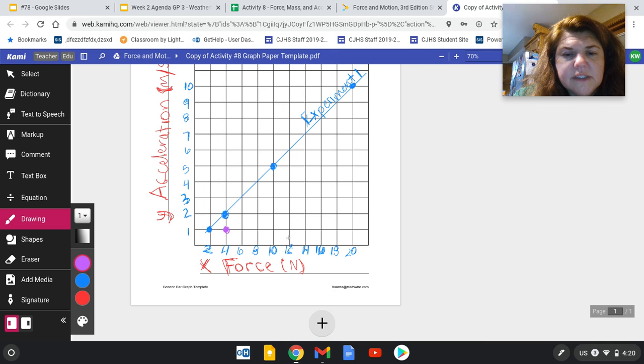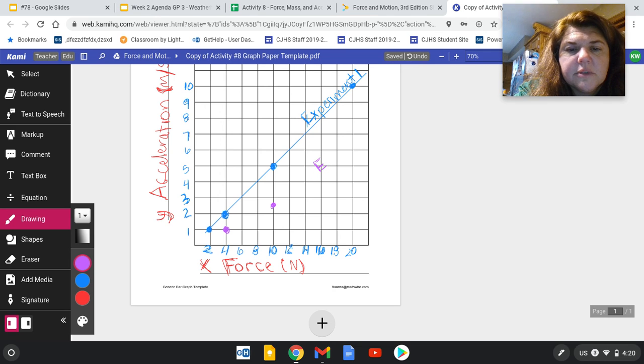So force is 10, here's a 10, and we would go to 2. Well, there's no 2.5, but we know 2.5 is halfway between 2 and 3, so it'll be right there. Put our dot there. Once you have all 4 points, you can go ahead and draw your line. And on your line, you will also label experiment 2.